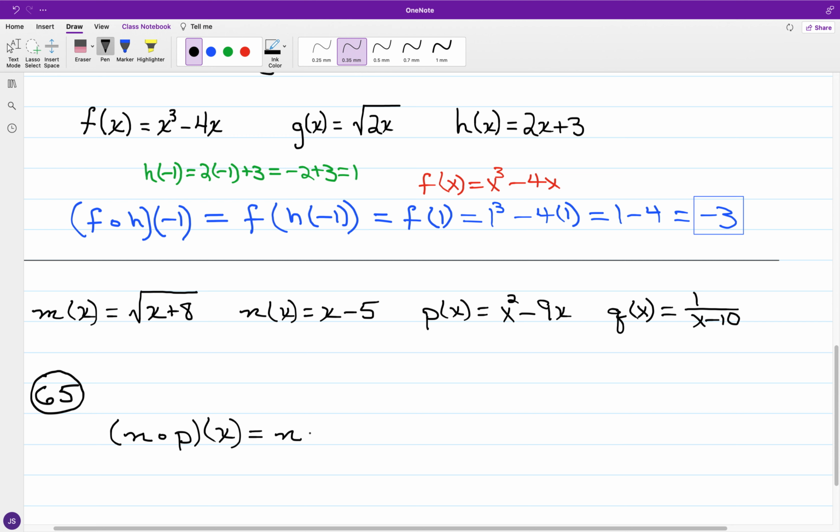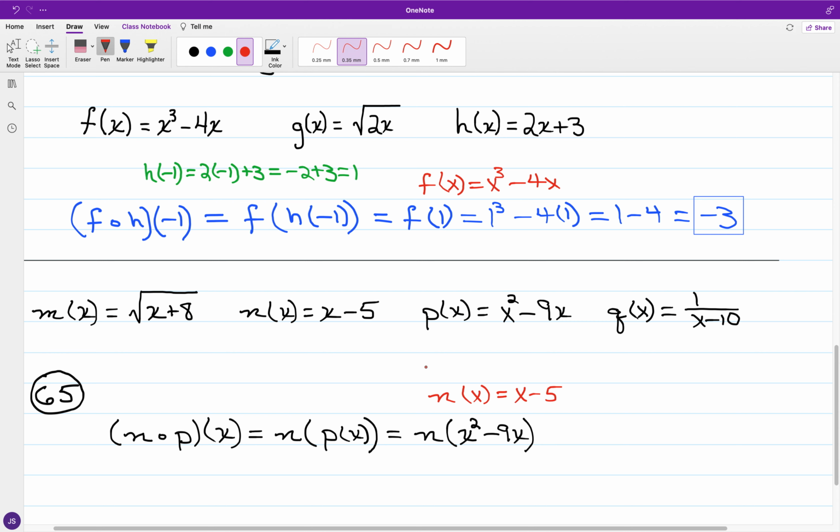I'm just clustering, so this becomes n of p of x. If we specify what p of x is, we're looking at n of x squared minus 9x. Your output function is n, and n of whatever the input is will be that input minus 5.